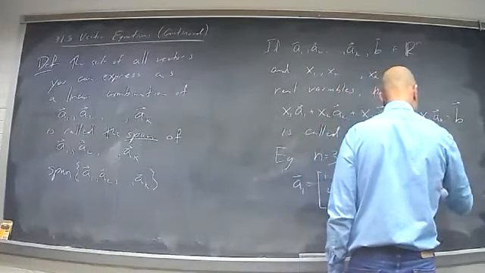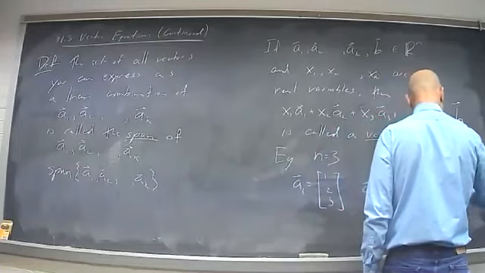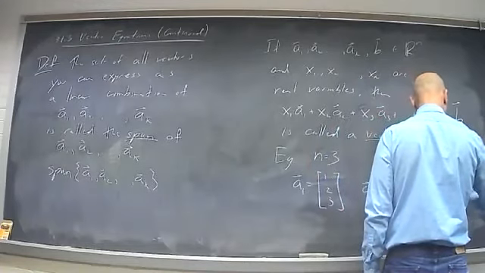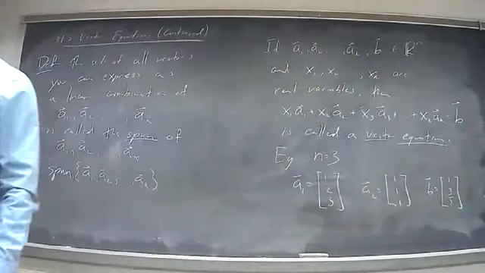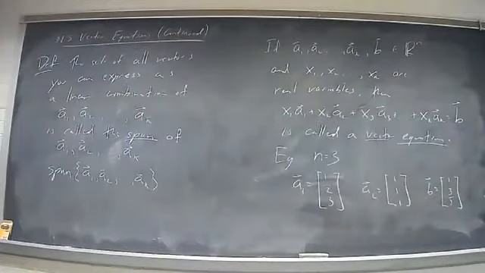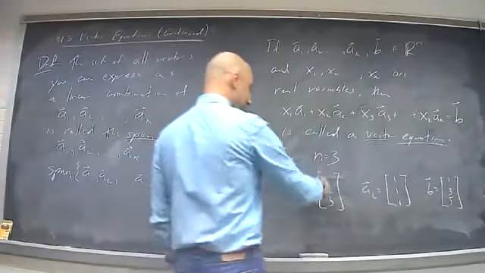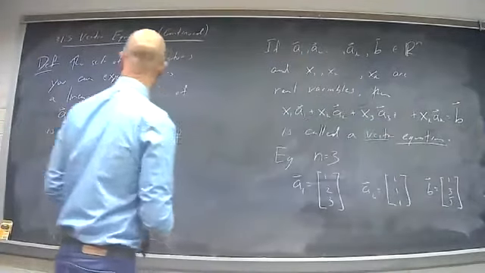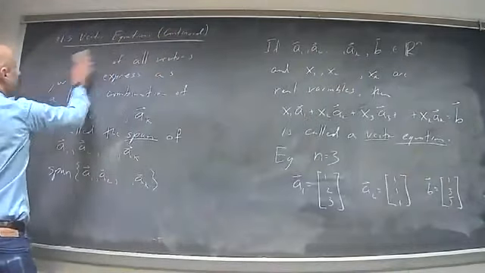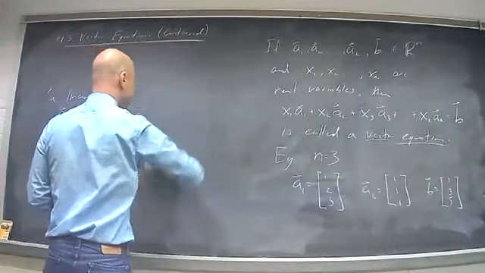And let's say b is 1, 3, 5. So if you look back to what you were writing about 5 minutes ago, I had the vectors 1, 2, 3, 1, 1, 1, and 1, 3, 5. Then this is a vector equation.